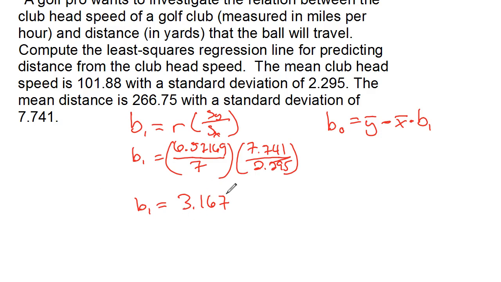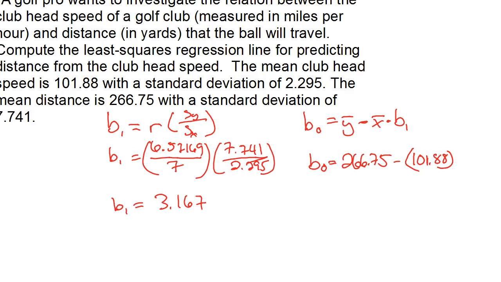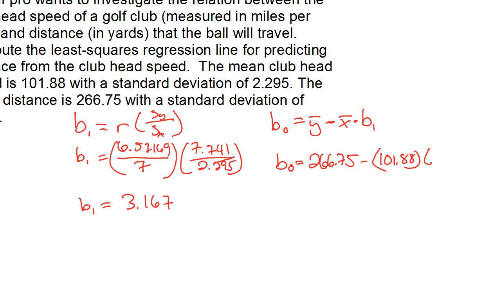Now I can use this value to find my y-intercept over here, because my y-intercept is my mean of my y's, which is 266.75, minus the mean of my x's times my slope, 3.167.